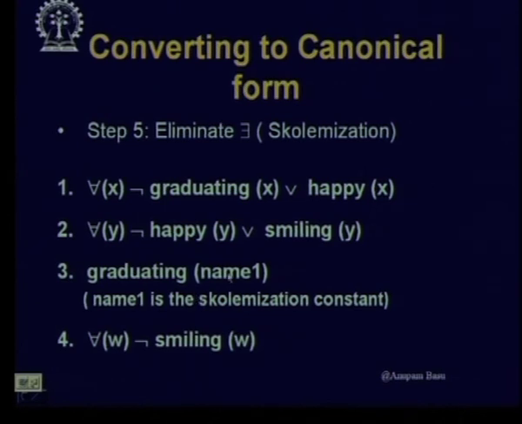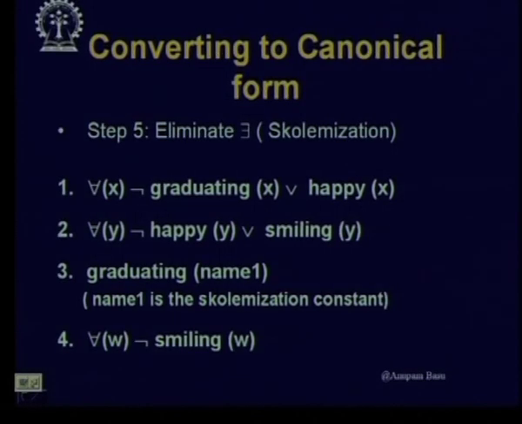We remove that, and in place of that we find out name 1. Name 1 is a skolemization constant. It is a name that somehow we are finding out who is graduating. So, that particular value of x or z in that case is satisfying this statement graduating x.